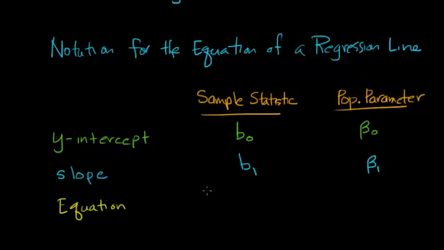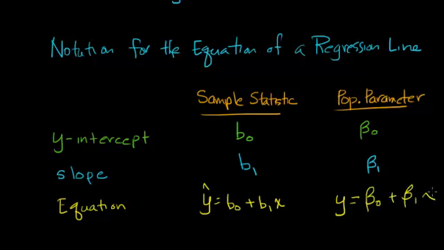For the statistic, it's y hat equals b sub 0 plus b sub 1 times x. For the parameter, it's y without the hat. Remember, y hat is a predictor. Y is our population of beta sub 0 plus beta sub 1 times x.